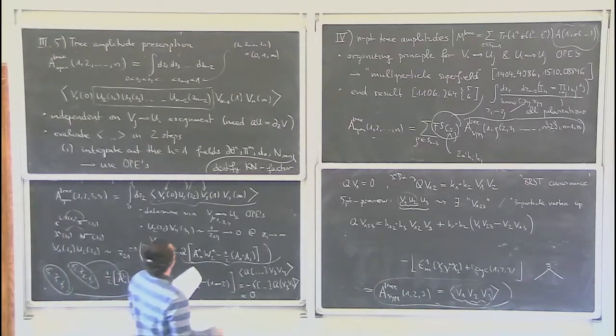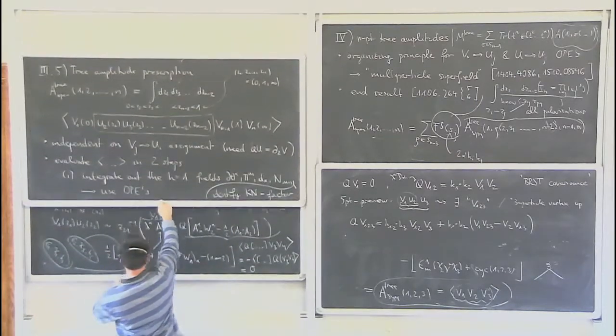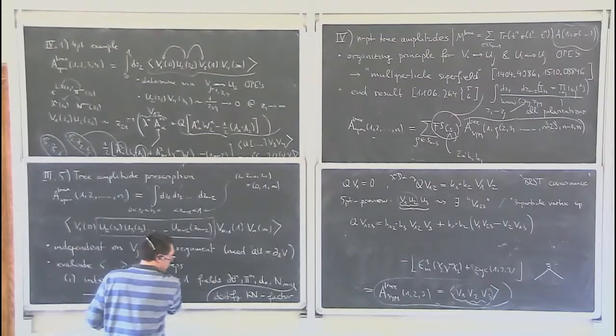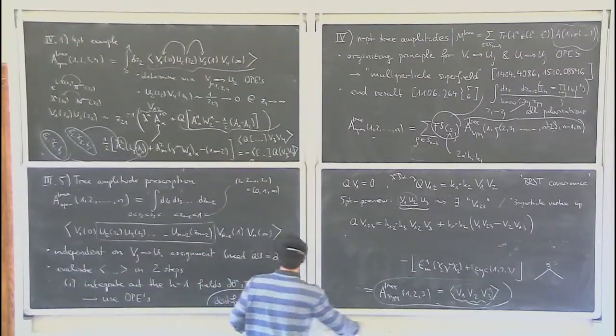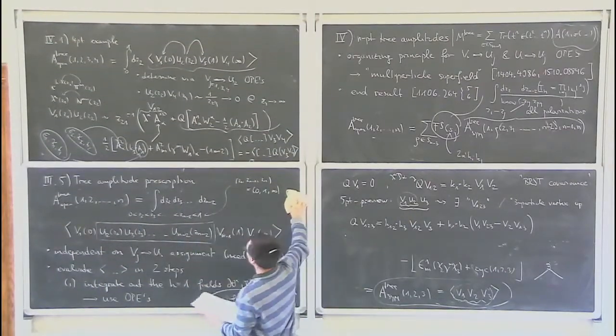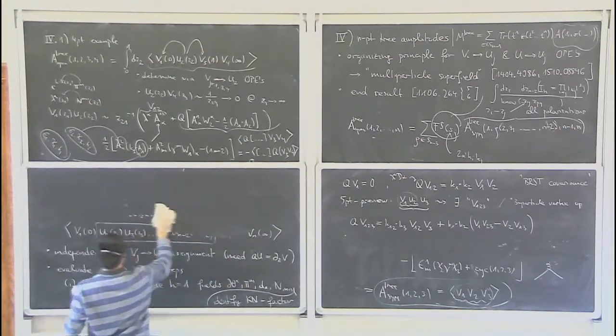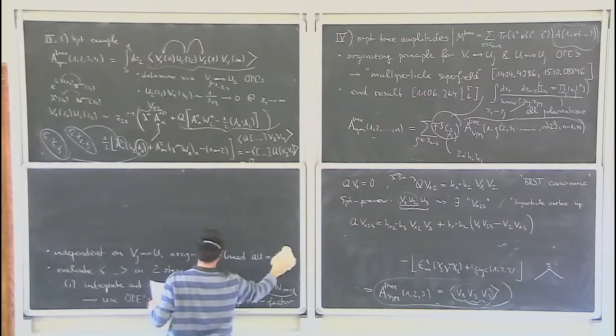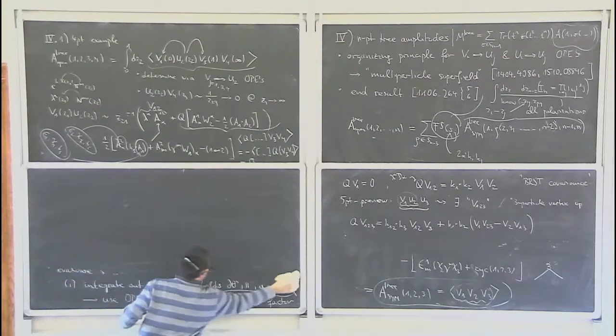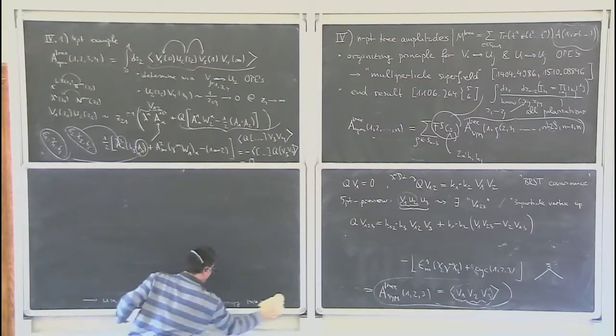Okay, what I wanted to do next: I introduced you to this object V12, and this is the BRST non-exact part of the OPE, and this is in turn the engine for the 4-point function.